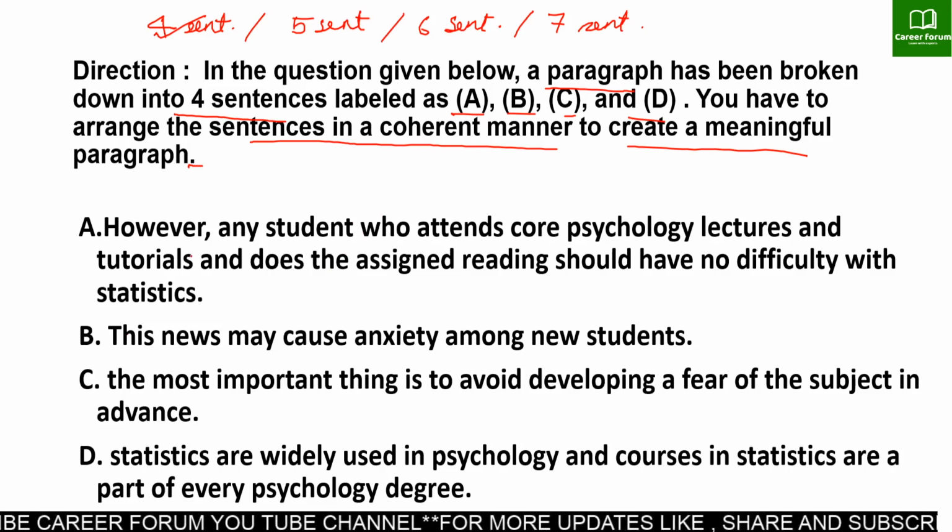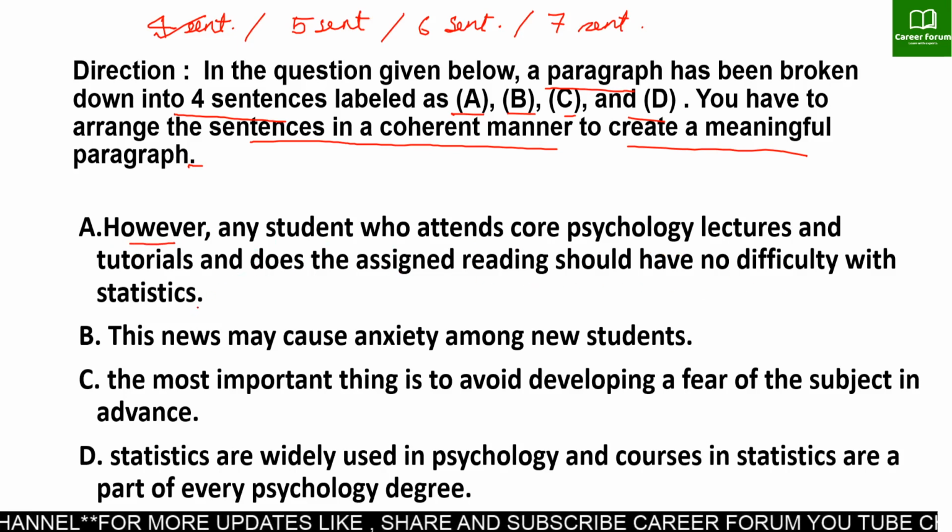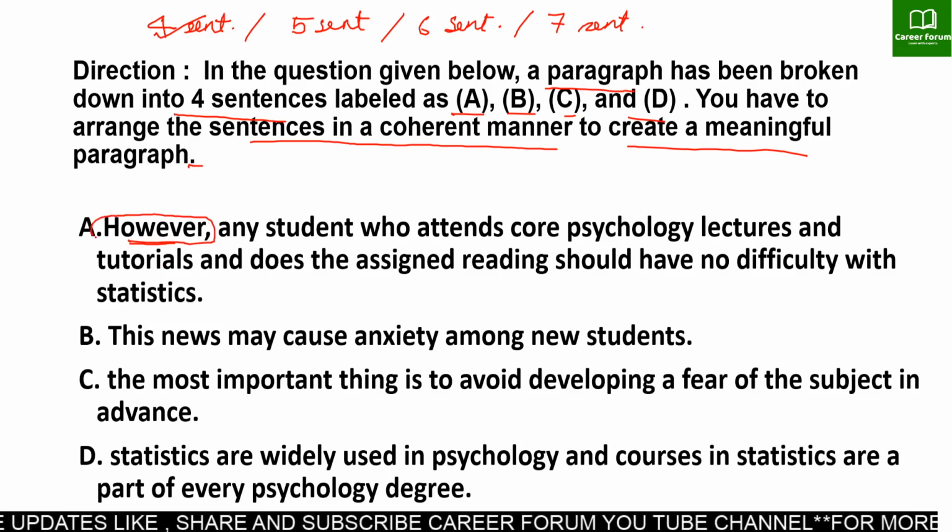So the very first thing, the first sentence says, however, any student who attends core psychology lectures and tutorials and does the assigned reading should have no difficulty with statistics. Here we have this word, however. This simply means there is a contradiction.